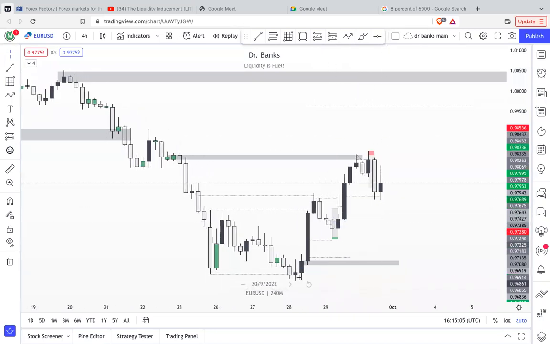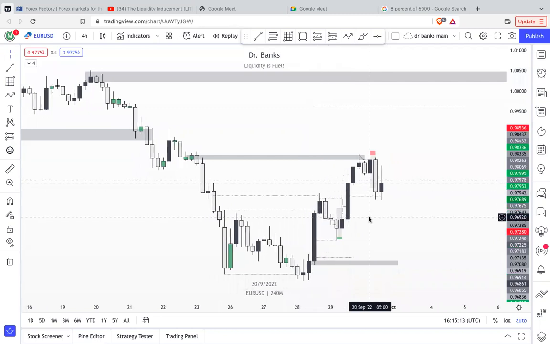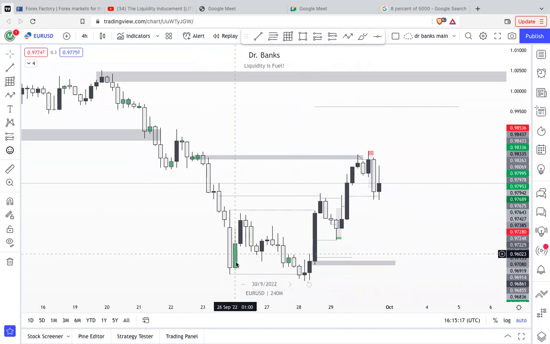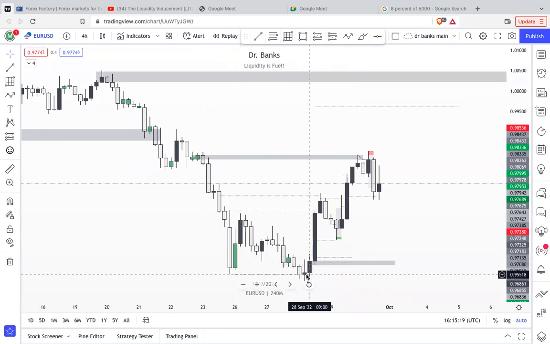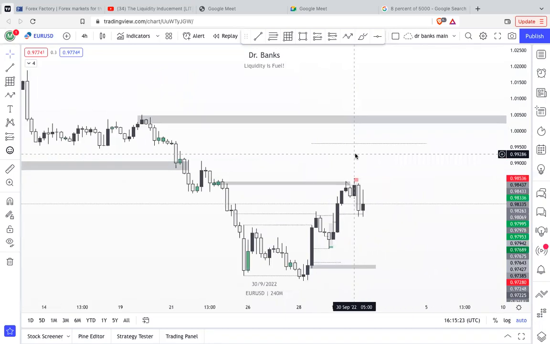So the fact is that after we have grabbed liquidity, price should travel to the next point of interest. Because this is the 4-hour time frame, after grabbing liquidity from this low, all of this is a single range, right? So I've created a new low here. Where is my previous high with respect to this range?